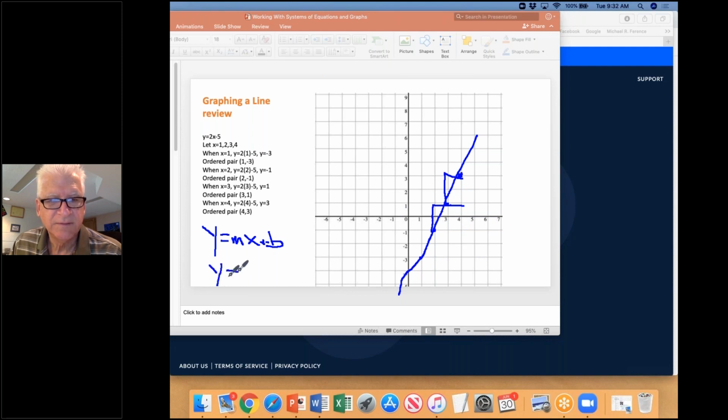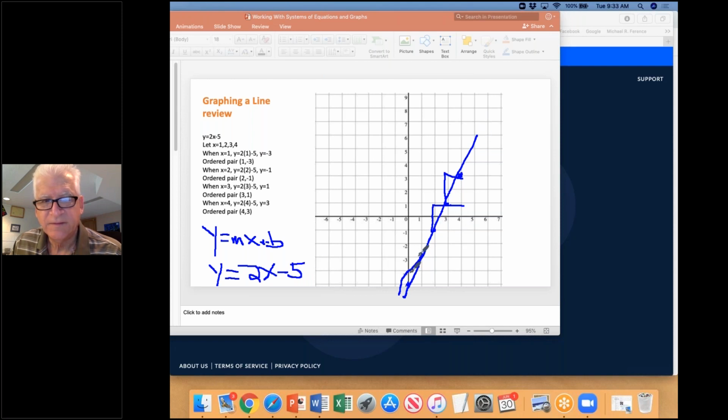Y equals 2x. And you can see it's supposed to cross down here at 5. It crosses the y-intercept at negative 5, right here. So my b is negative 5.